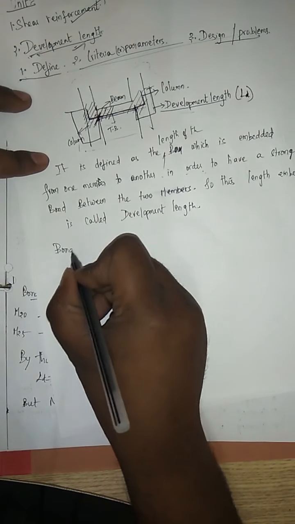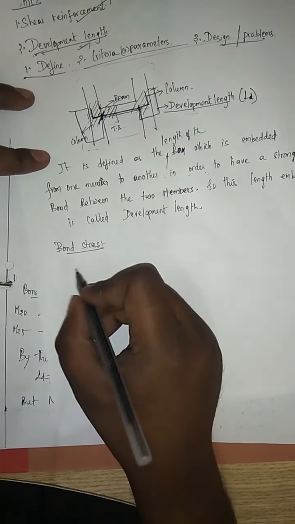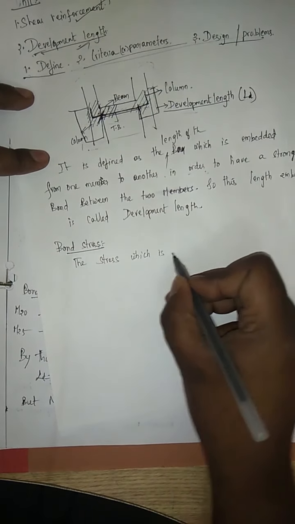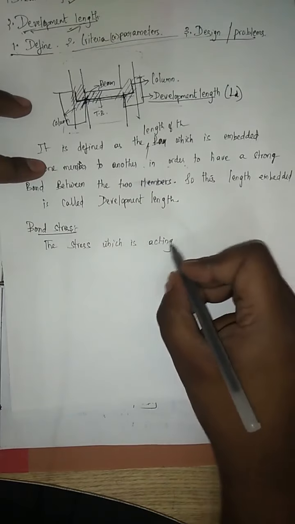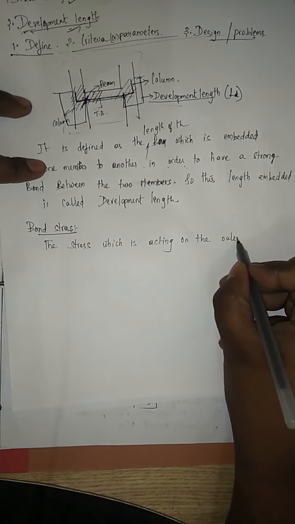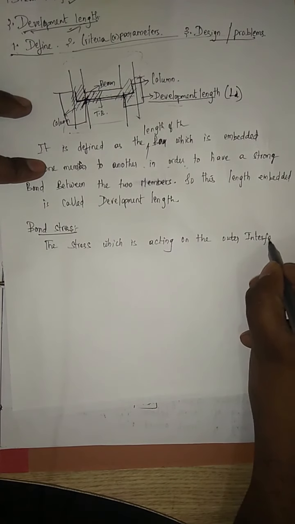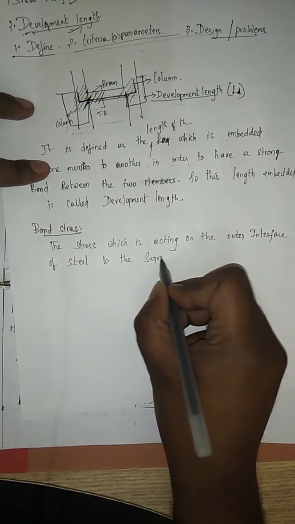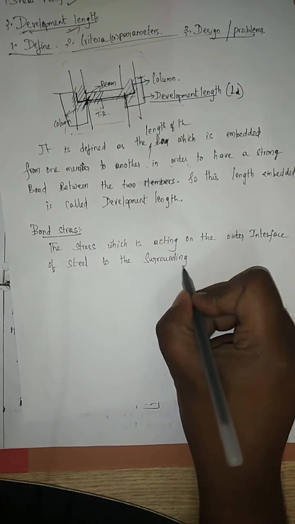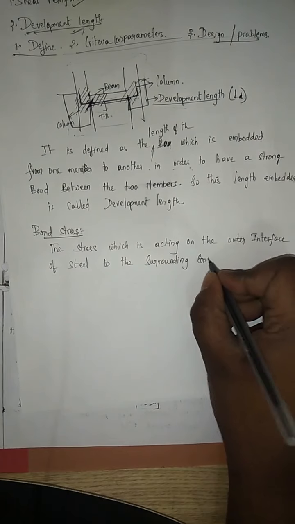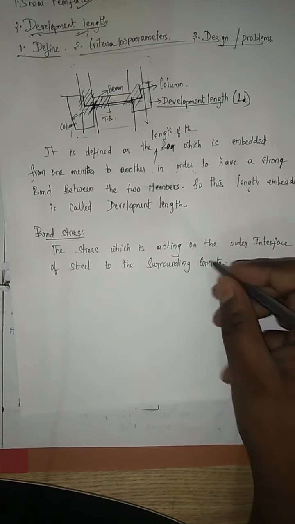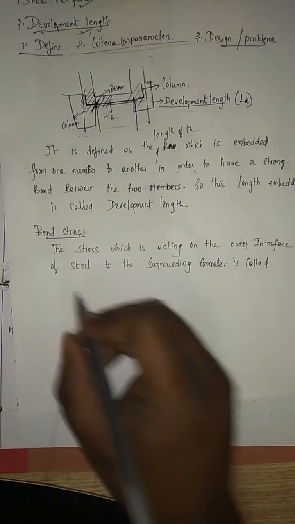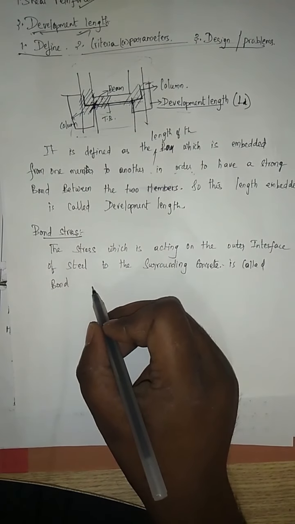Bond stress: the stress which is acting on the outer interface of steel to the surrounding concrete is called bond stress.